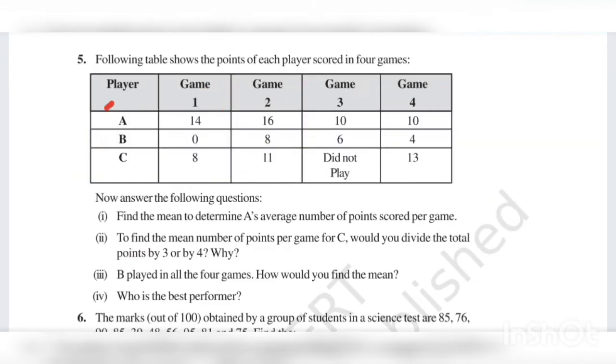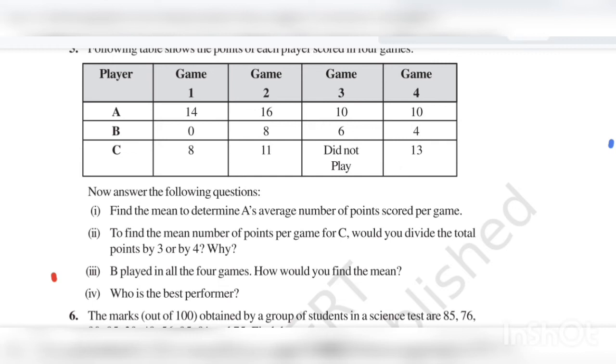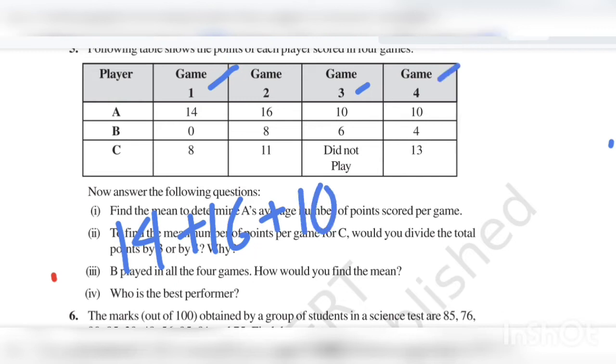So, let's read them. In question number 1, it is written, find the mean to determine A's average number of points scored per game. In game 1, A has scored 14 points. In game 2, A has scored 16 points. In game 3, A has scored 10 points. And in game 4, A has scored again 10 points.